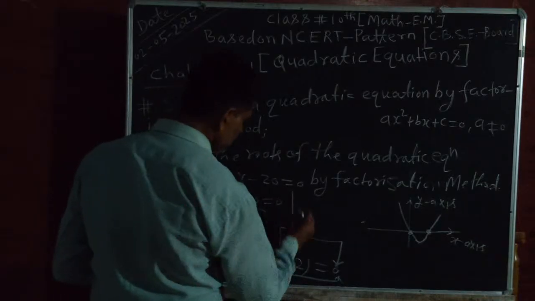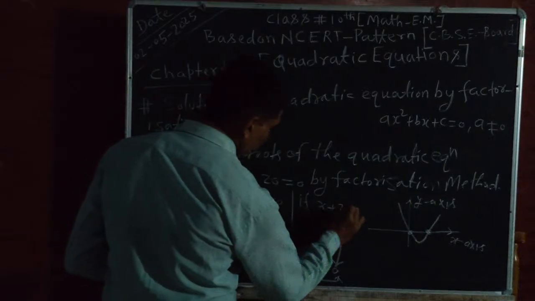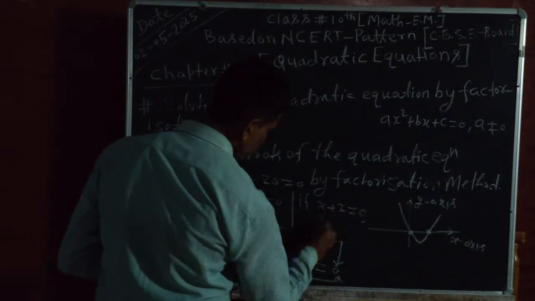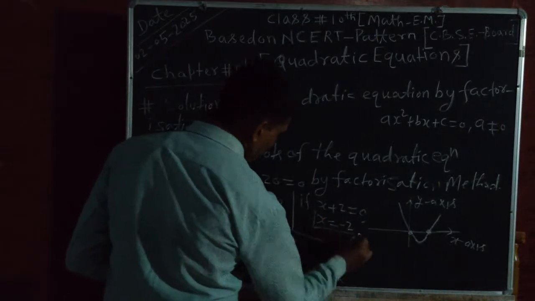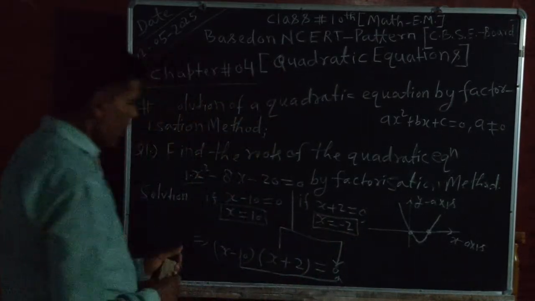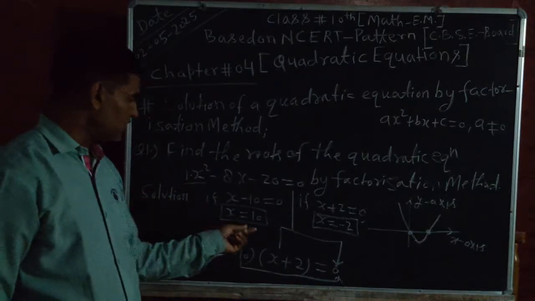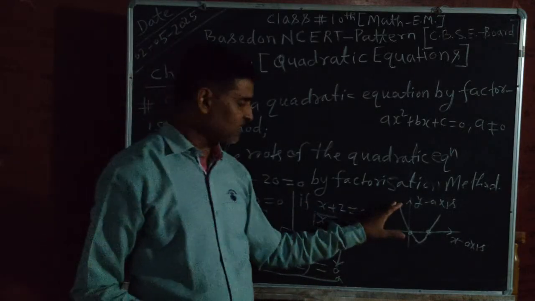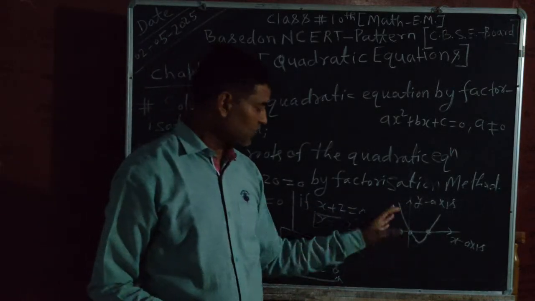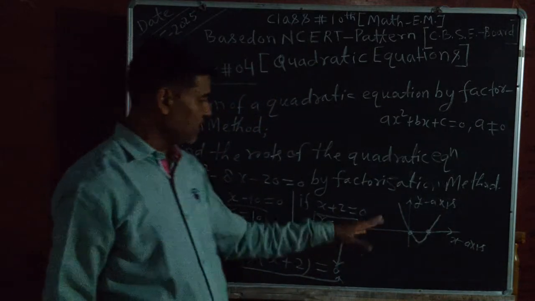In the other step, I will say if x plus 2 is equal to 0, then x is equal to minus 2. So I have got the 2 values of the given quadratic equation. One value is 10 and the other value is minus 2. So this quadratic equation, this particular curve, I will update according to these values.